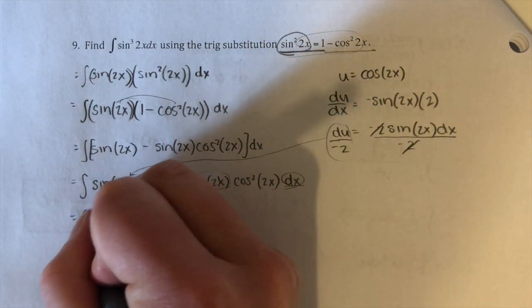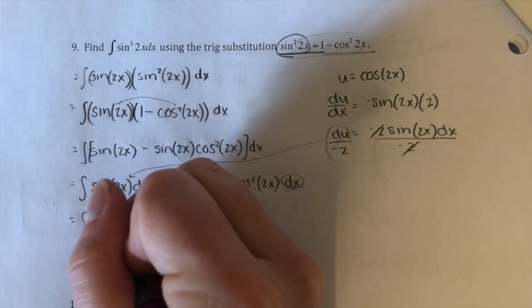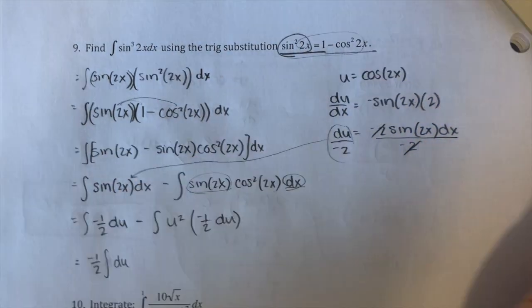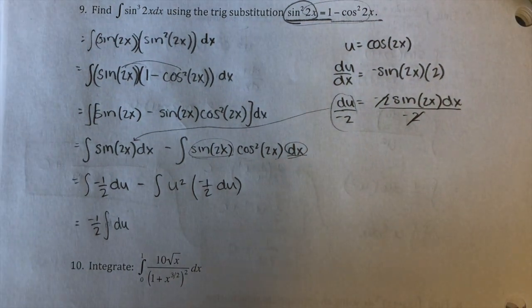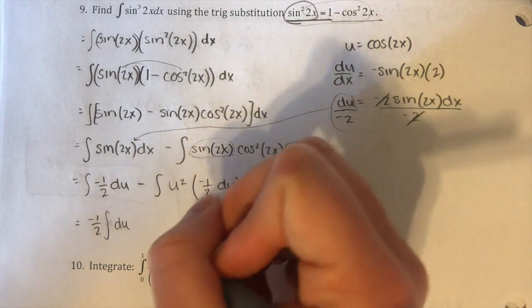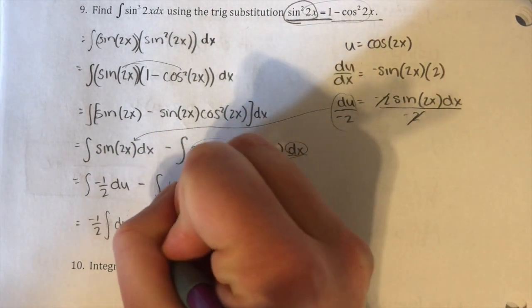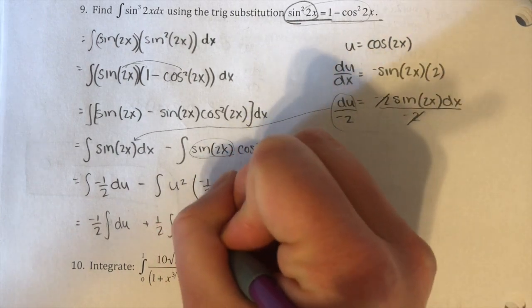So that negative 1/2 can come out in front. And then we're just doing the integral of du, which seems perhaps complicated, but it's really not, promise. And then that negative 1/2 can come out again, so this is going to turn into a positive, and then u squared du.